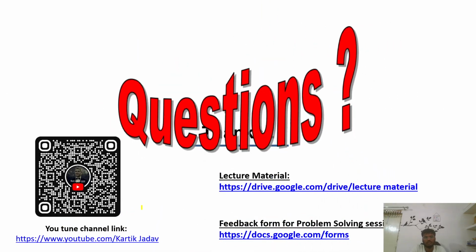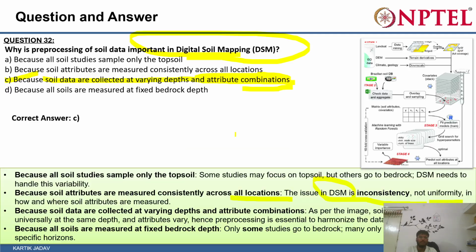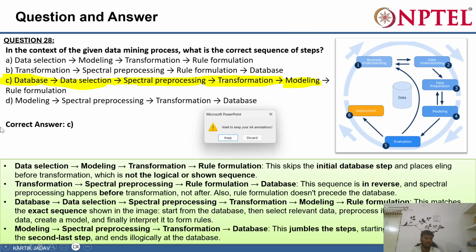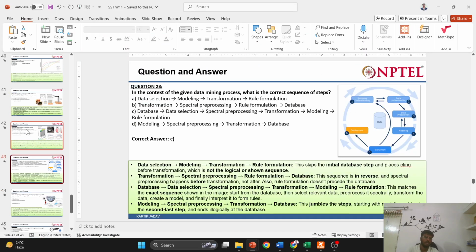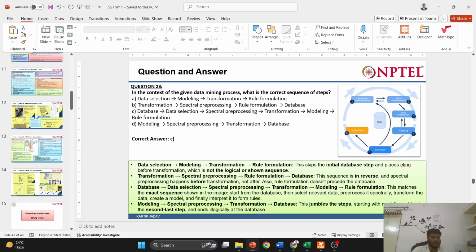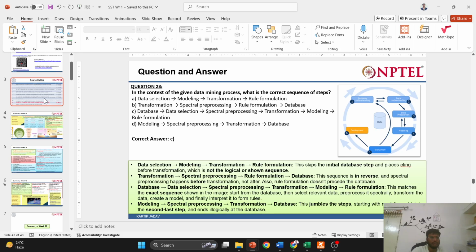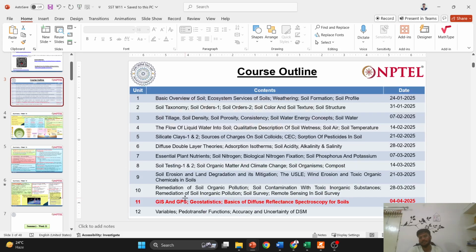Okay. So with this, let me quickly recap the session of what we have done. In this session, we have focused on GIS, that is Geographical Information System, and GPS, that is Global Positioning System, and their role in soil science and technology.